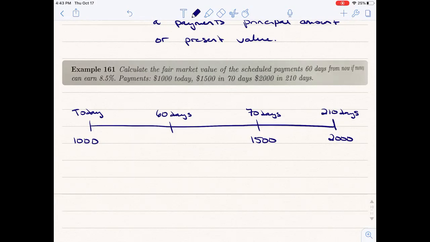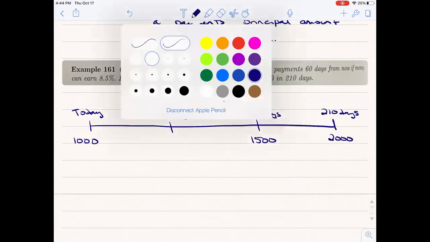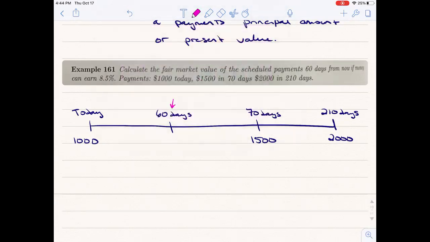If we want to find the value of all these payments 60 days from today, that 60 days from today is the focal date, the date that we want to know the value at.